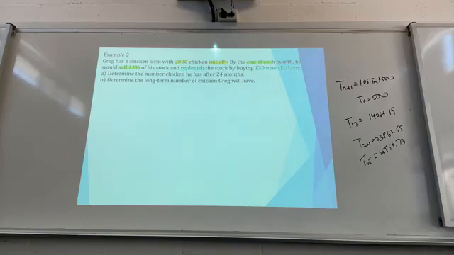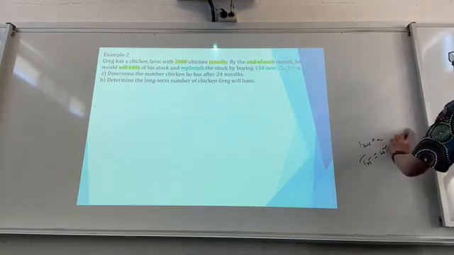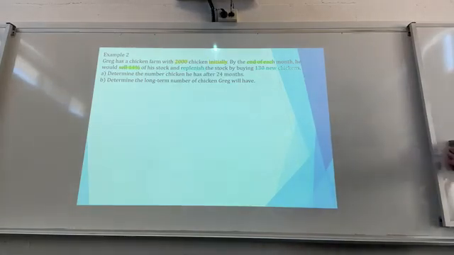Now, here you're not asked to write the recurrence rule, but you do need it. If you don't have the recurrence rule, you can't use your calculator at all. Can you please write your recurrence rule, please? You can use T0 if you want to, you can use C0, whatever, it really doesn't matter.